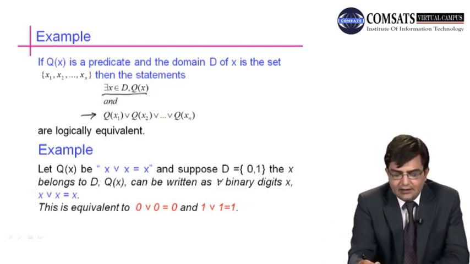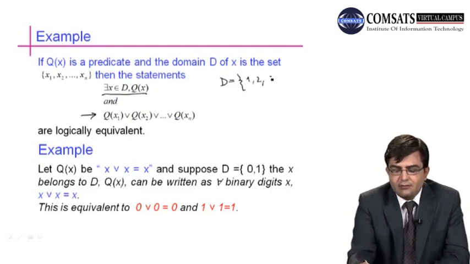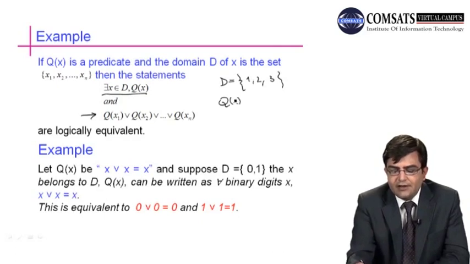Again we can consider another simple example. If we have D equal to {1, 2, 3}, the same example, but we change the predicate. Now Q of x is x square is equal to 1.